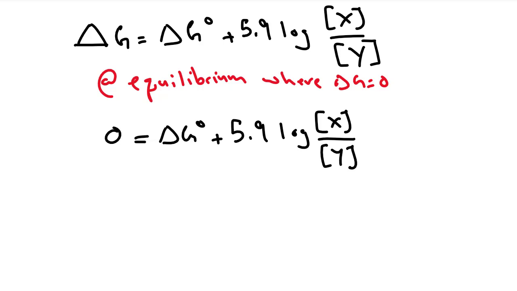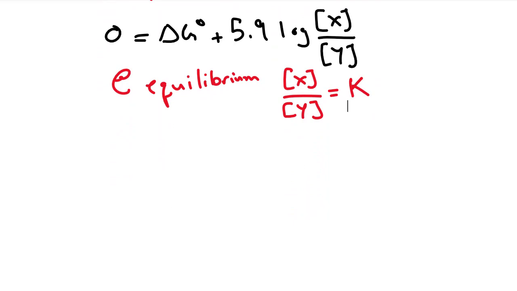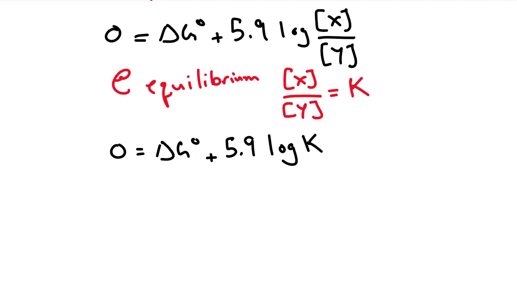Now, at equilibrium, concentration of X over concentration of Y equals the equilibrium constant. So now our equation becomes 0 equals delta G standard plus 5.9 log of K, the equilibrium constant.